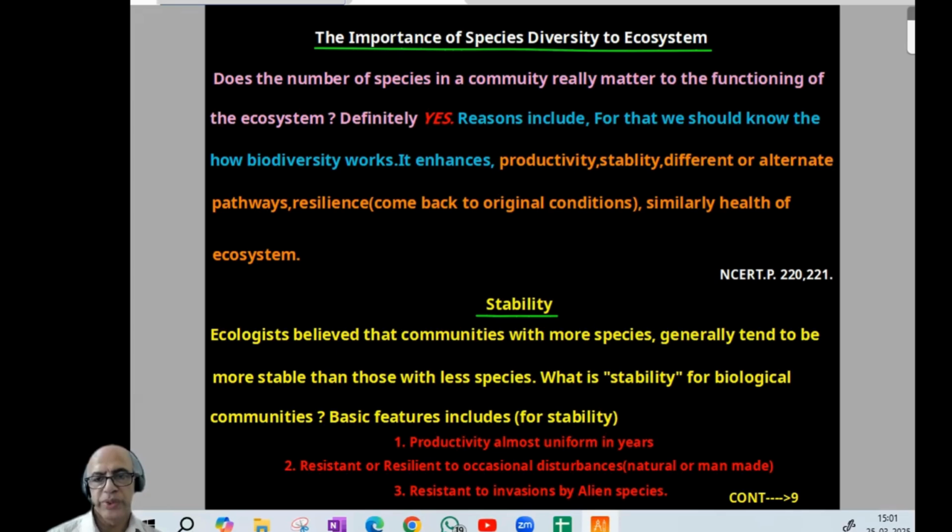One, it's a famous question in NCERT, productivity is almost uniform across years, with no much variation in productivity per year. Two, it is resistant or resilient to occasional disturbances, natural or man-made. It is able to resist. Third is resistance to invasion by alien species, organisms not seen there previously. When they come, it is able to resist. These three show the stability features. So is there an experiment for it? Yes. That is our next area.